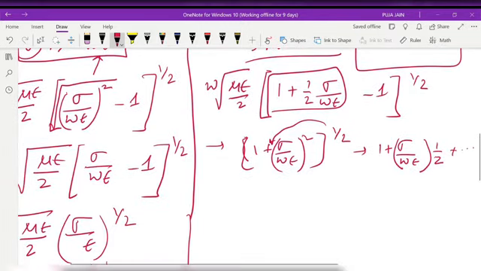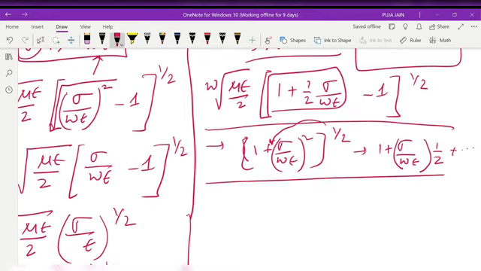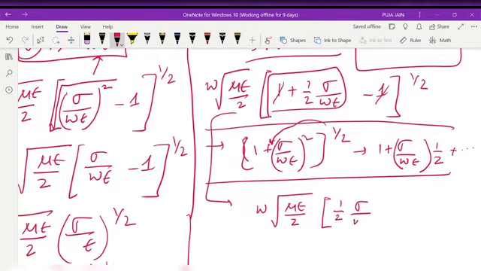So we are getting here omega root mu epsilon by 2. This one and this one will cancel out. We will get half epsilon omega, 1 by 2. And this half and this half will be 2 omega by 2.